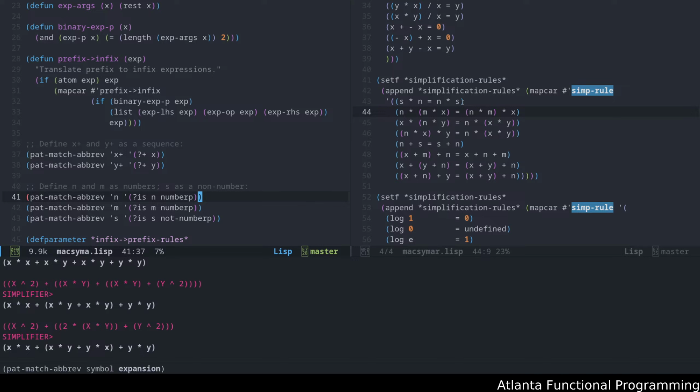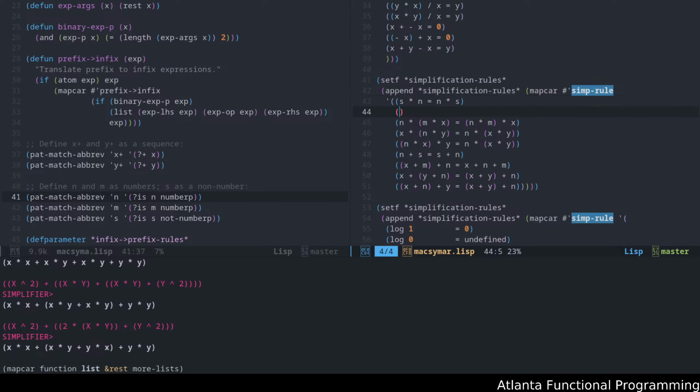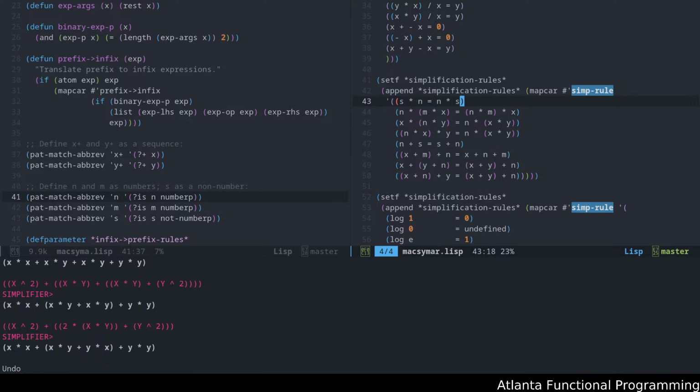We can also, I believe, change this to something like this and add here s times s. Oh, this requires one more not a number application just so that we can do the rule.